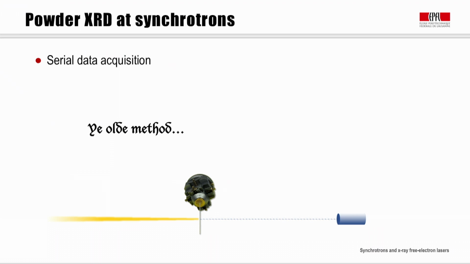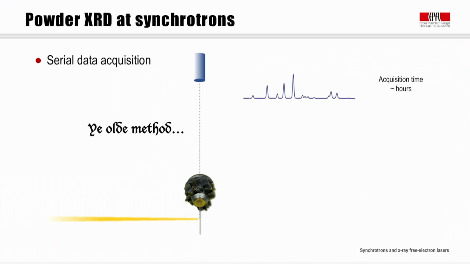Although powder patterns can be recorded using area detectors for certain applications, traditionally they have been recorded using a point detector rotated around a single axis. This can take anything from a few minutes to several hours, depending on many factors, such as the desired resolution, the powder's scattering strength, and the range of angles to be covered.